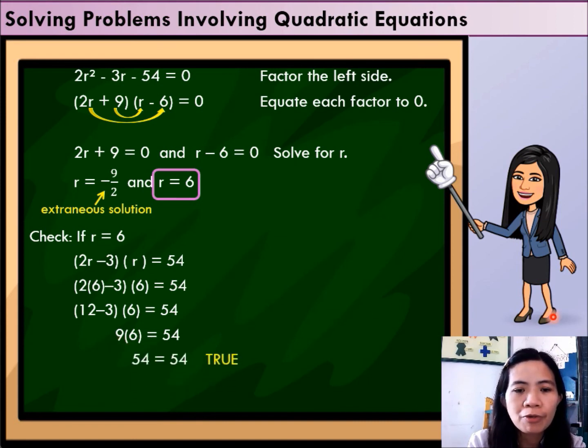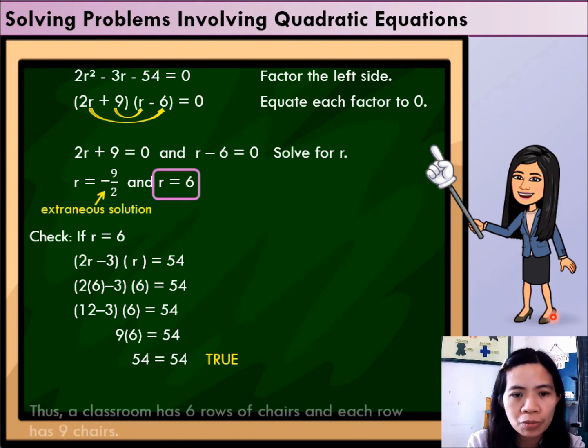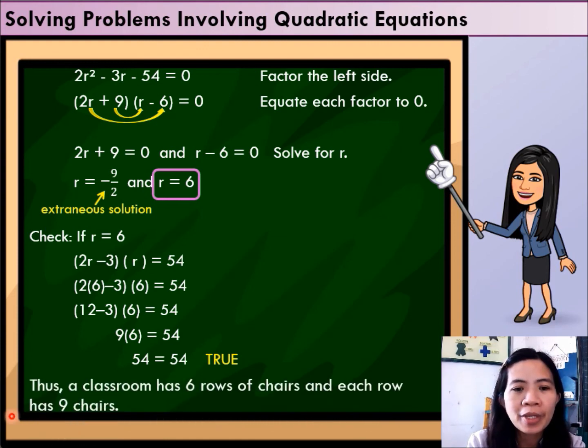So 54 equals 54 is true. From this, we can say that the classroom has 6 rows of chairs, and each row has 9 chairs. So there are 9 chairs in each row, and we have 6 rows, to have 54 chairs all in all.